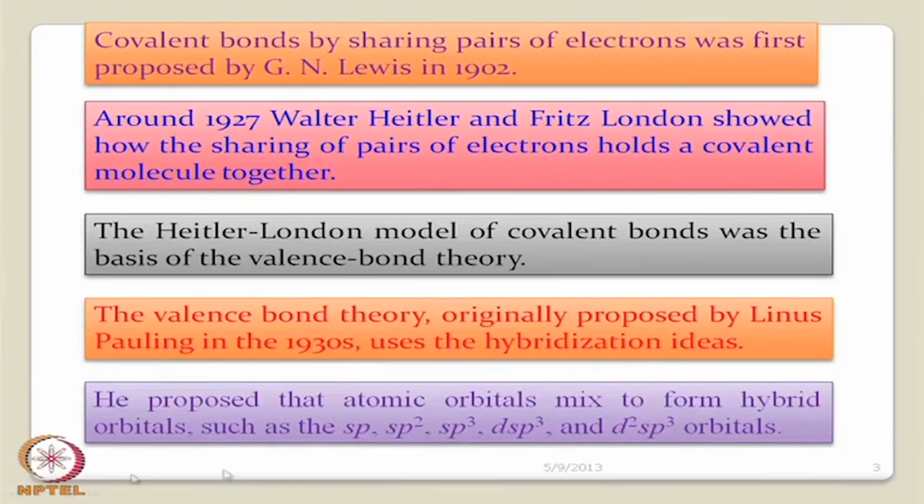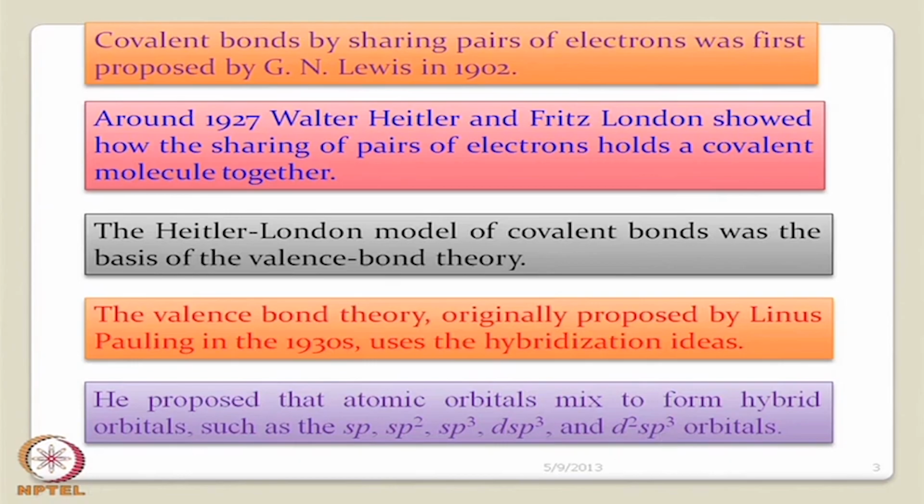Similarly, we can have sp2 hybridization, dsp3 hybridization and d2sp3 hybridization. When d2sp3 hybridization is taking place, we are mixing two d orbitals, 1 s and 3 p orbitals. So altogether 2 plus 1, 3 plus 3, 6 orbitals we will have.